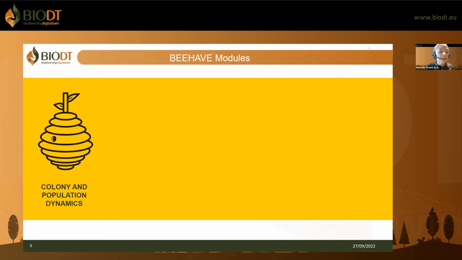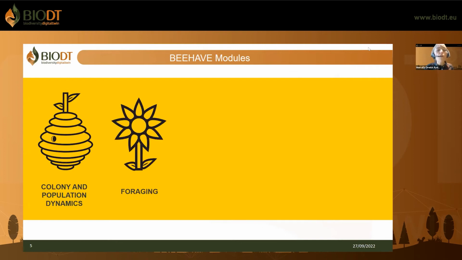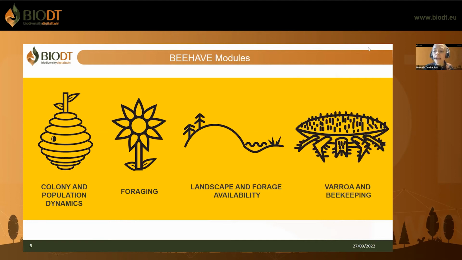For instance, honeybee colony and population dynamics can be modeled, as can the foraging behavior of honeybees. Landscape and forage availability can also be modeled, so different landscape usage scenarios and the resulting forage availability for honeybees can be better understood. And varroa and beekeeping stresses can be modeled within BEEHAVE.